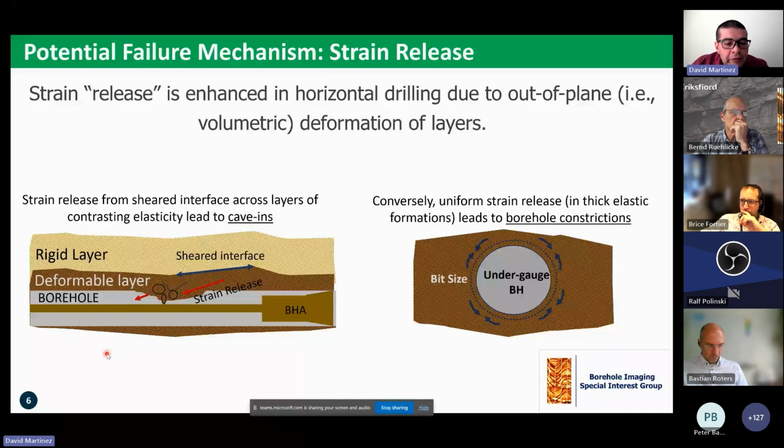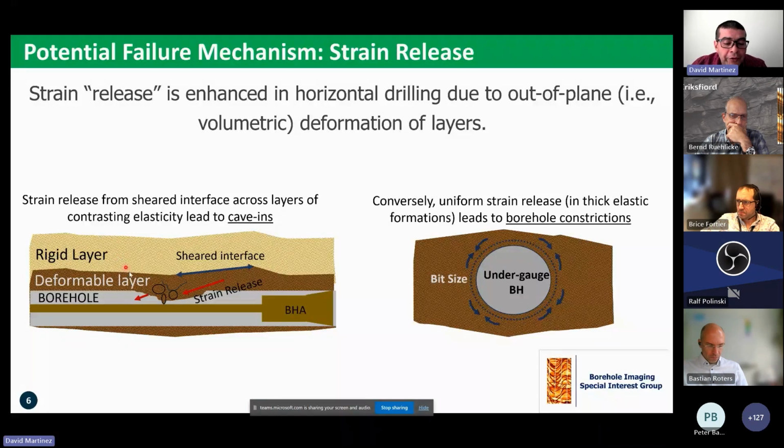What we have here on the left is a configuration in which we are drilling in the deformable layer. These are unconventionals at the end of the day, so usually we'll be drilling our horizontal in a very deformable layer, and that one is going to be overlaid by a rigid layer, a harder layer, probably a lime or something like that.